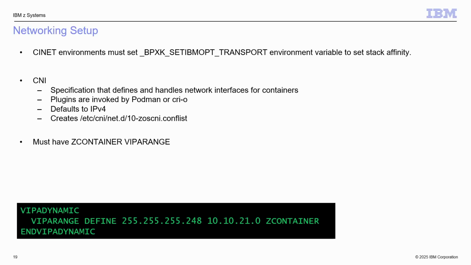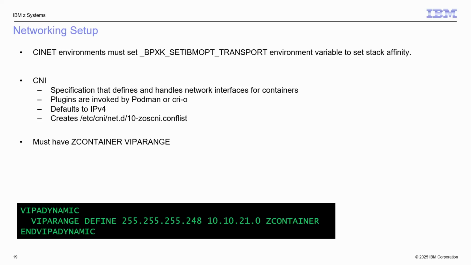Now, what a CNI does is this is the specification which defines how containers are added to, removed from the networking. So a CNI plugin will implement the CNI specification. That CNI plugin will be invoked by Podman or CRI-O, and then that CNI plugin will handle allocating the IP addresses or returning the IP addresses, supporting the life cycle of those pods.